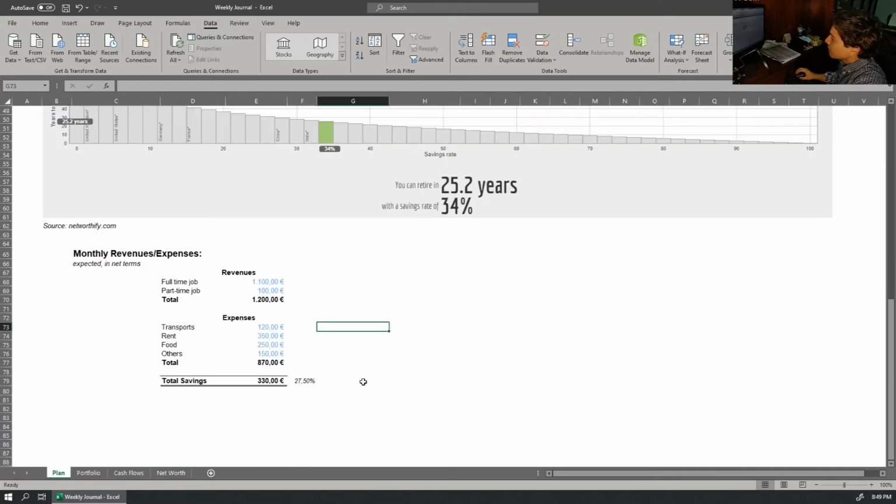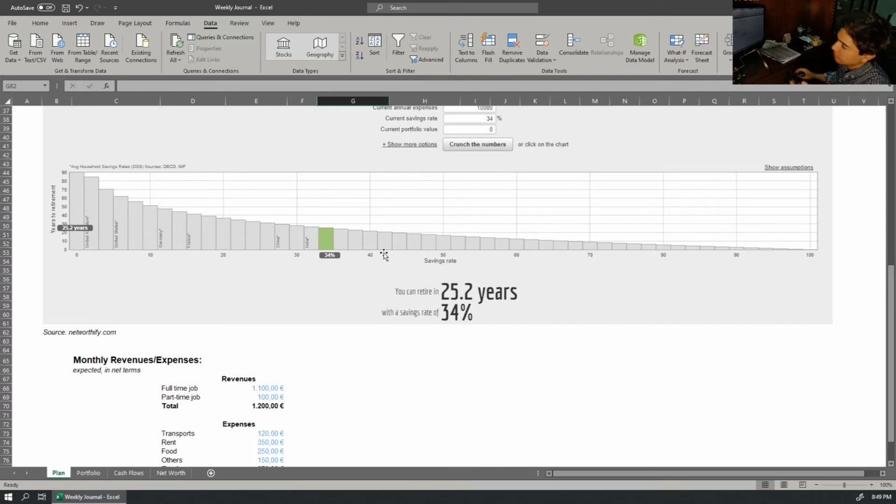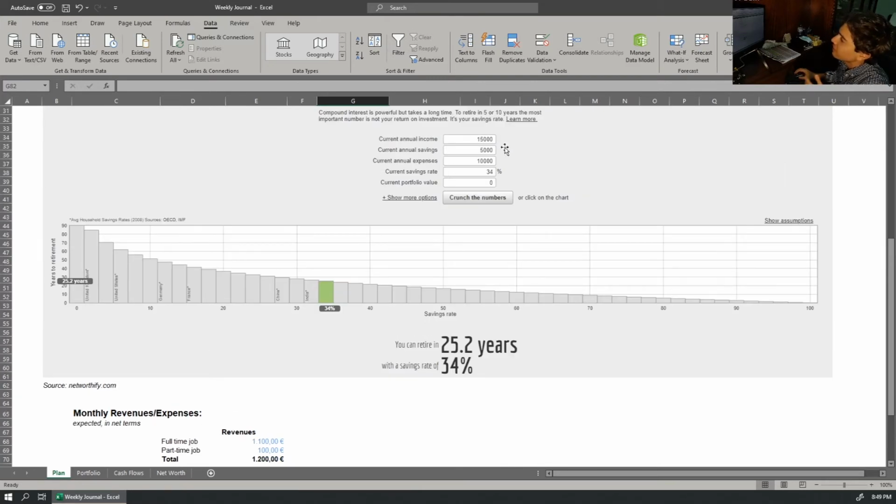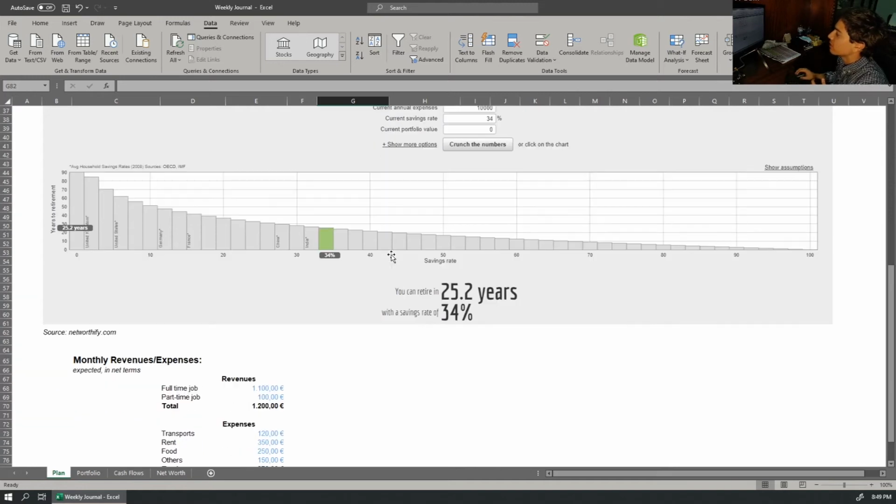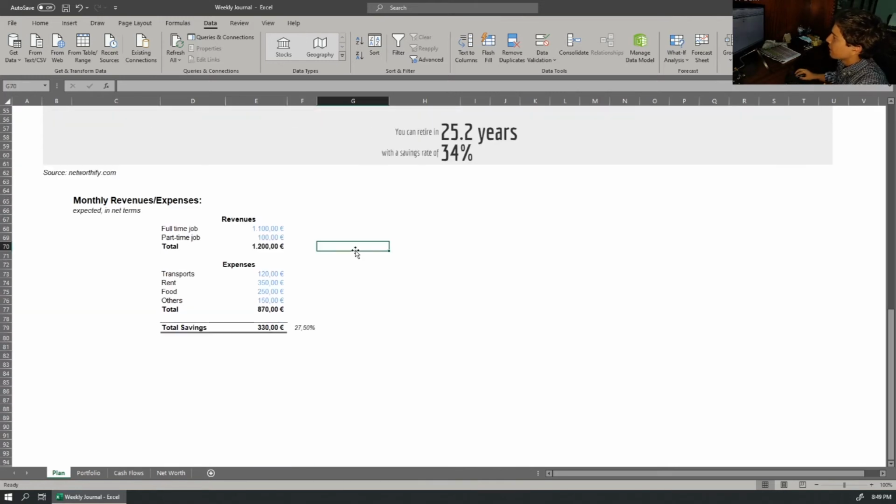Okay, last but not least, it's also important to estimate your revenues and expenses, which are basically the inputs you will need for this calculation. I've estimated, well, it's easy because I don't have that much revenue and expenses at the moment. This is a sort of estimate for a stable phase in my life.